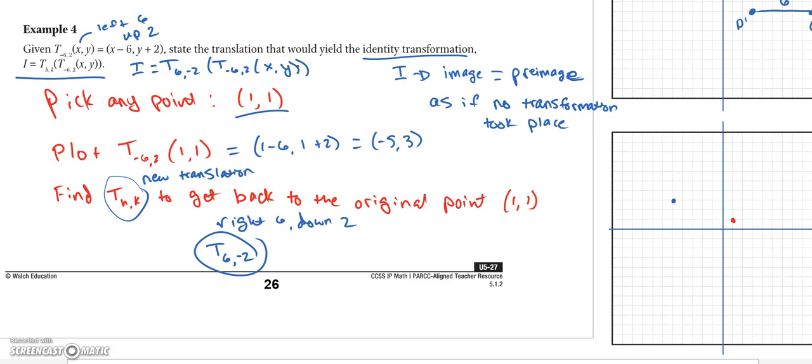Here's the other thing we didn't talk about. This just means we have 2 different translations. Here's the original one. Here's the one that I found. We always work inside out, so this here is the first transformation, and this one is the second transformation. We work from the inside out, okay?